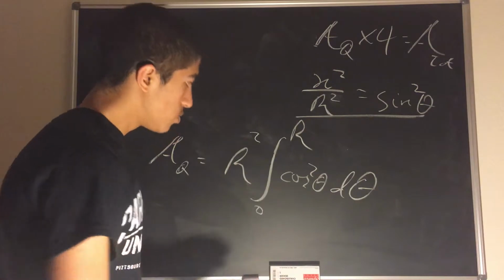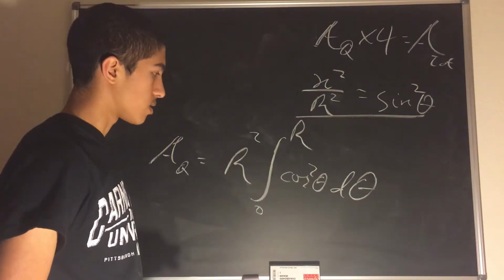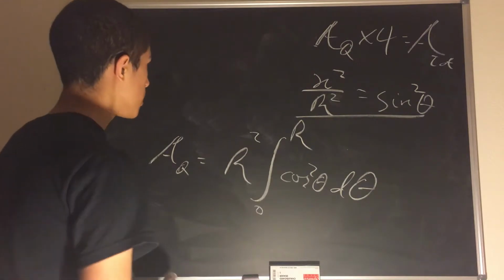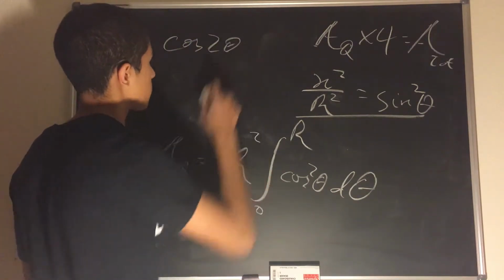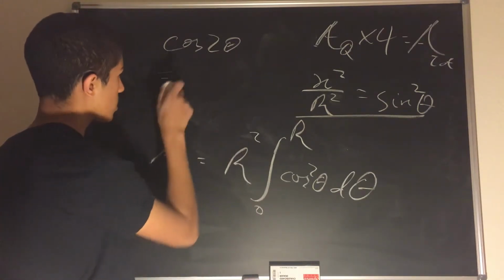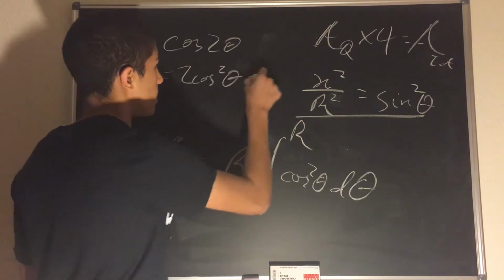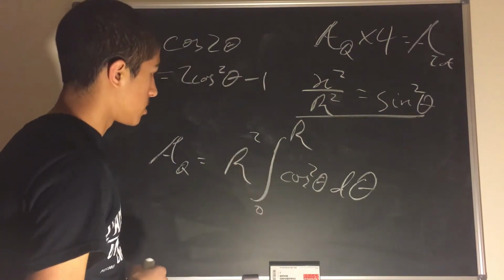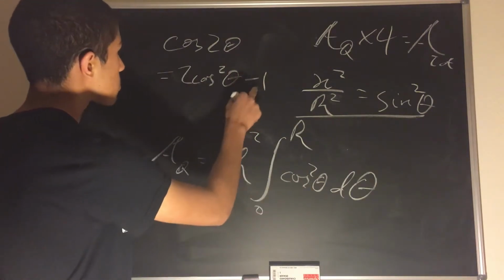And for those of you who don't know how to integrate this, we use the double angle expansion of cos 2 theta. So let's take cosine 2 theta. And well, cosine 2 theta can also be written as 2 cosine squared theta minus 1. And then we can isolate cosine squared theta in this equation, because what do we do?